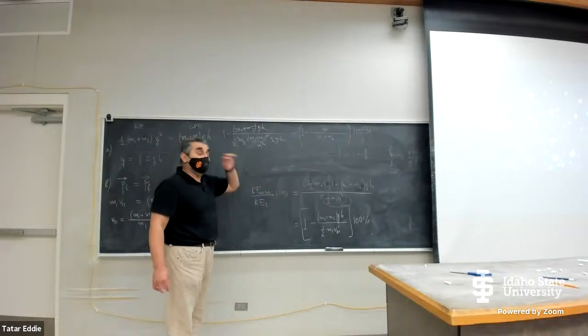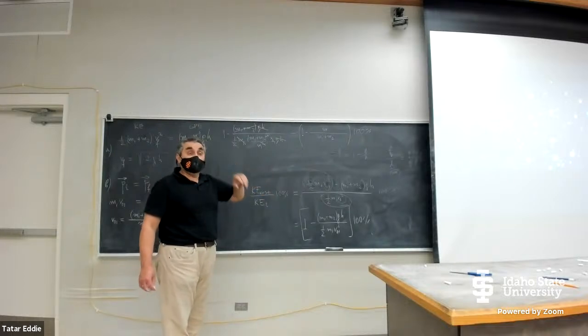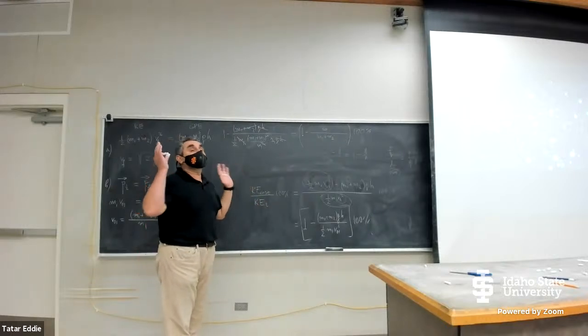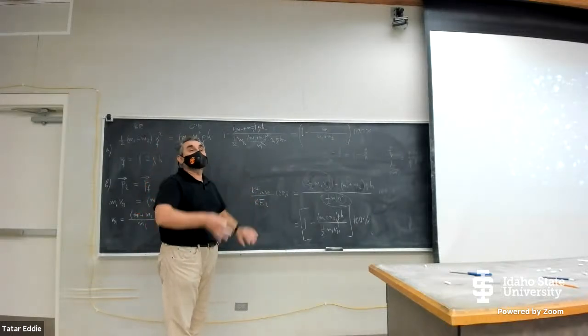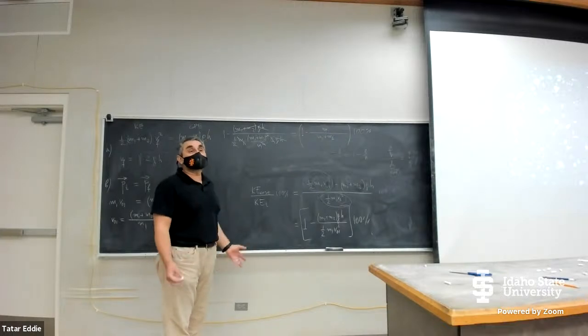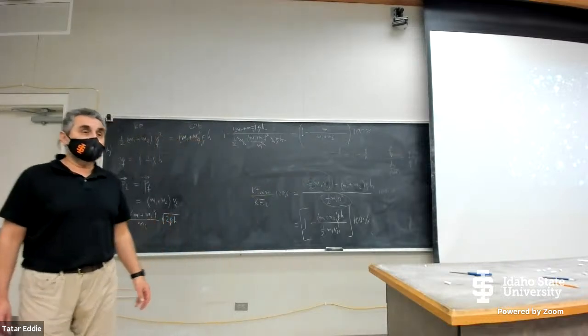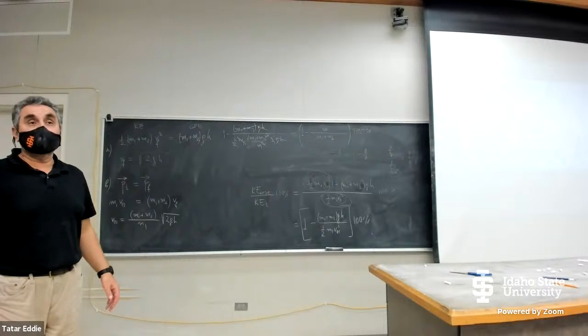So you should expect maybe something like this. And I can modify the problem: find the percentage of energy that was lost, find the percentage of energy that remained in the system. You should be able to do something of that type, like part C of this problem.